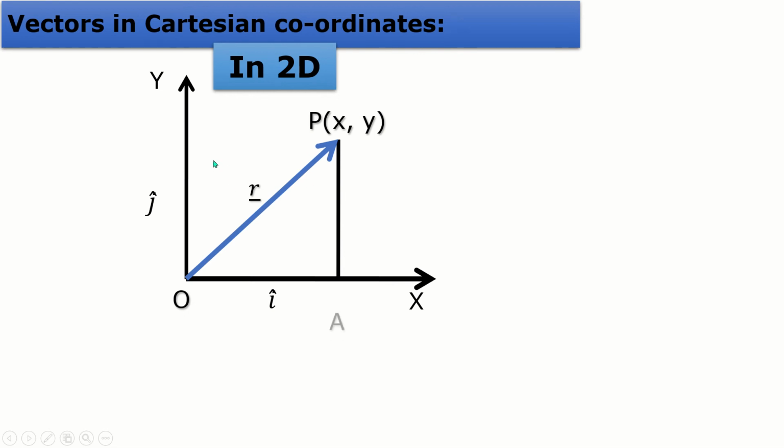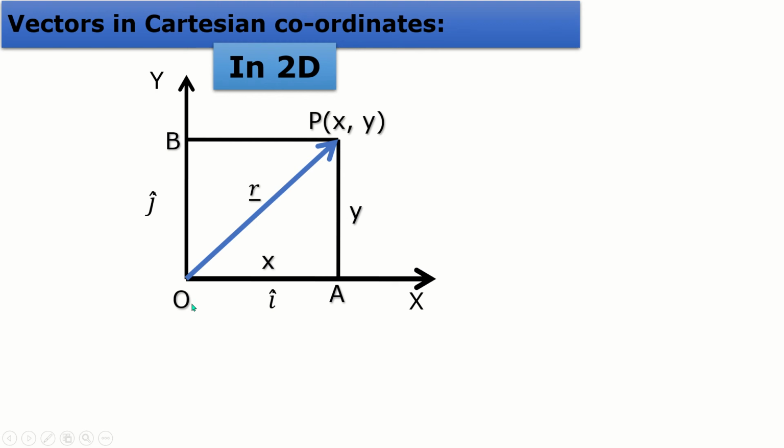Then these intersect at A. This measurement and this measurement will be the same, as this is a rectangular coordinate system, and this is denoted B, as the coordinates of the point P are x and y. So OA equals x and AP equals y.